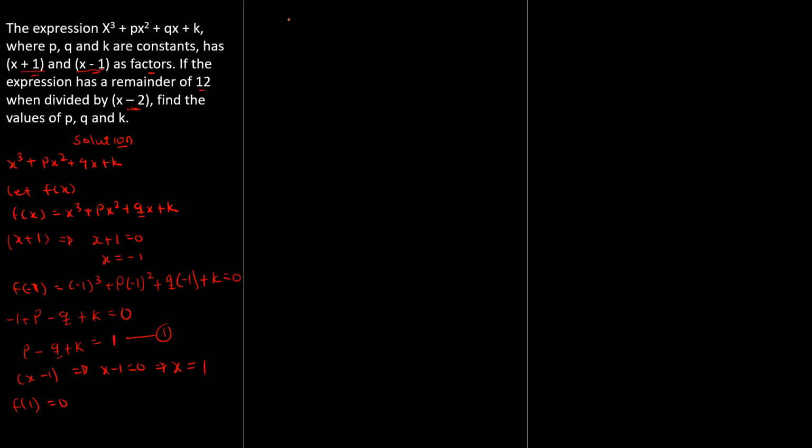So I can say 1 cubed plus p times 1 squared plus q times 1 plus k is equal to 0. So from here I'm going to get 1 plus p plus q plus k equal to 0, and then I can say p plus q plus k is equal to -1. In this case, this becomes our equation 2.